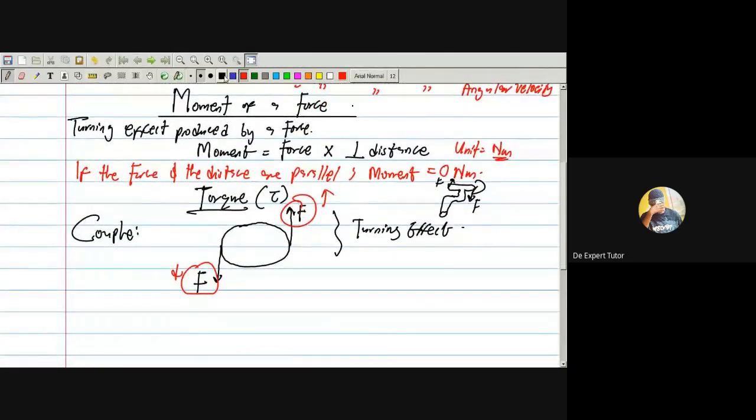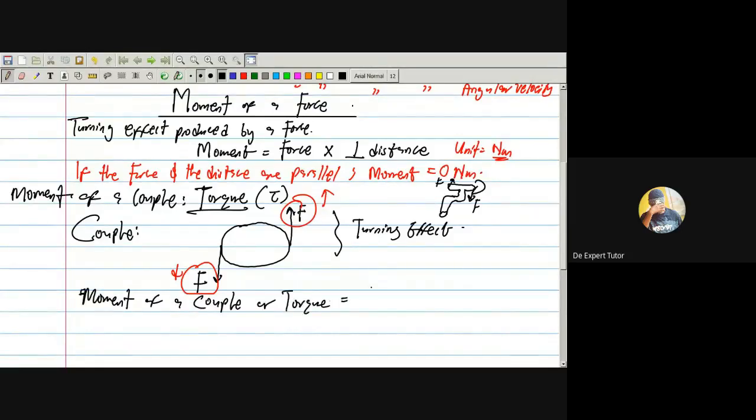Now, what do we call torque? Torque is the moment of a couple. Okay. Torque is the moment of a couple. So the moment of a couple is what we call torque. Yeah. So the way we find torque is easy. You can say moment of a couple, or you say you want to find torque, whichever way. It's the same formula.